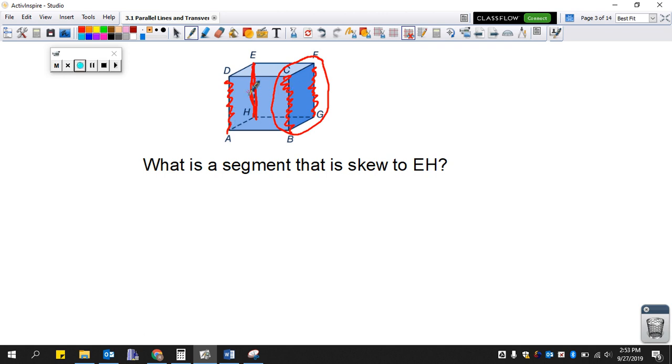All right, so it cannot be parallel, and it cannot intersect, which takes care of EF, HG, and DE, and HA.